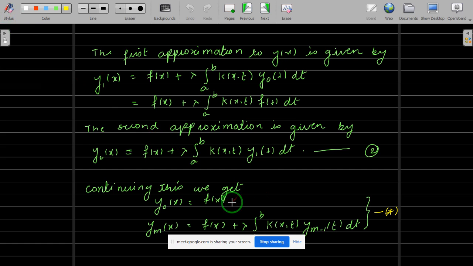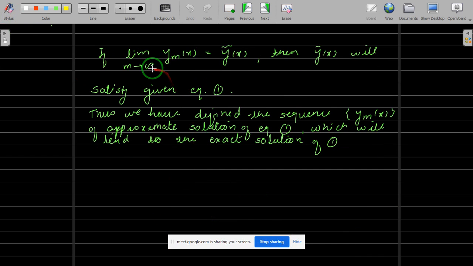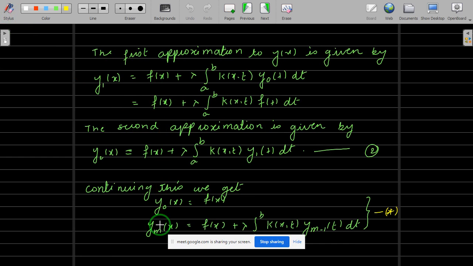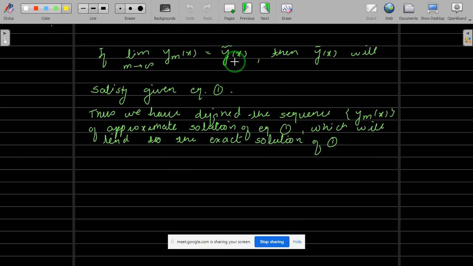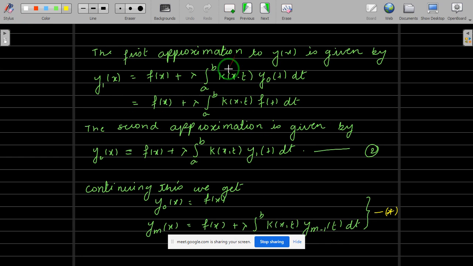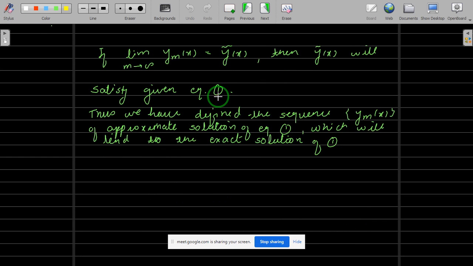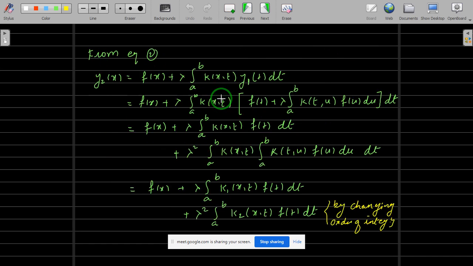And if the limit of this ym converges to some y tilde, then this y tilde will satisfy your given equation 1, and hence that will be the solution of your integral equation.